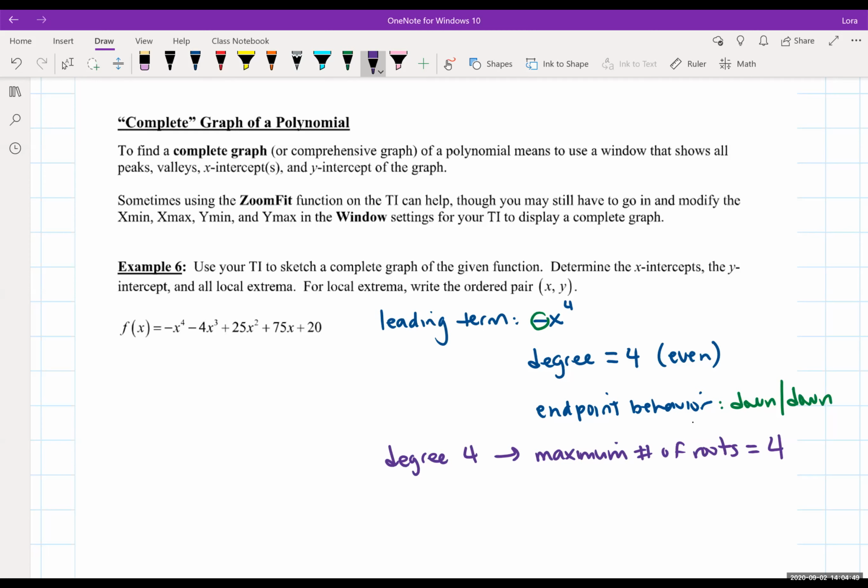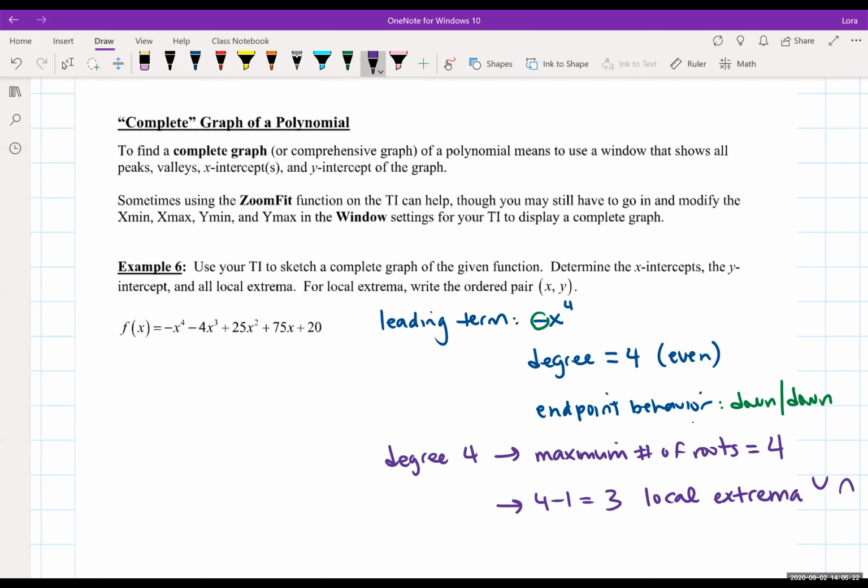The other thing with the degree, it will help us out with our local extrema. If we're going to determine how many local extrema we have, maxes or mins we'll see, it always has to do with the degree minus 1. So degree minus 1, that's 4 minus 1 equals 3. So there should either be 3 local extrema that we'll be looking for, so that would be noticing maxes or mins.